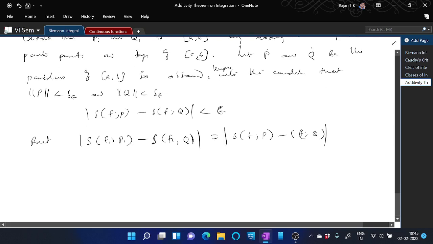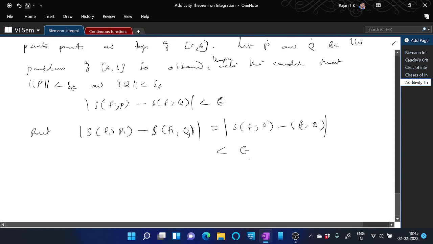So modulus of S_F1(P1) minus S_F1(Q1) is clearly the same as modulus of S_F(P) minus S_F(Q), and hence this is also less than epsilon, and hence F1 belongs to R[A,C].